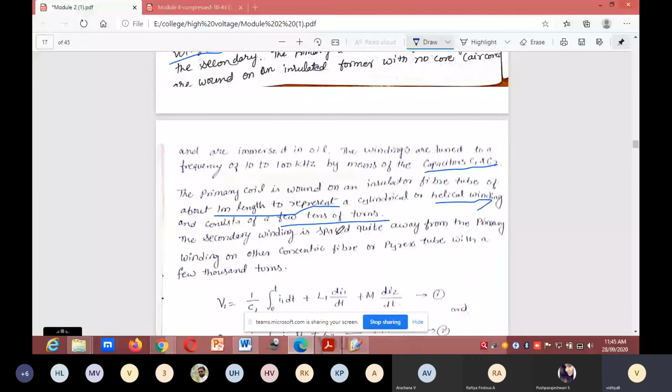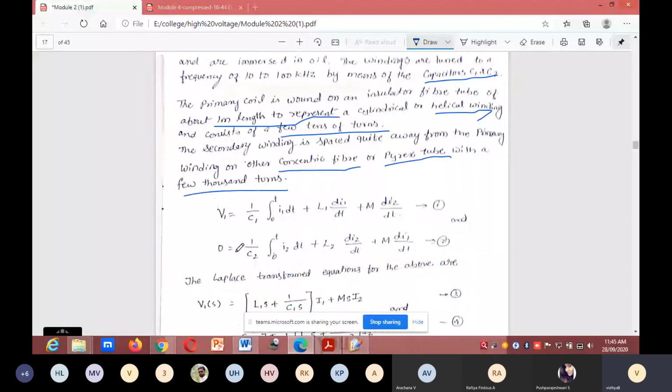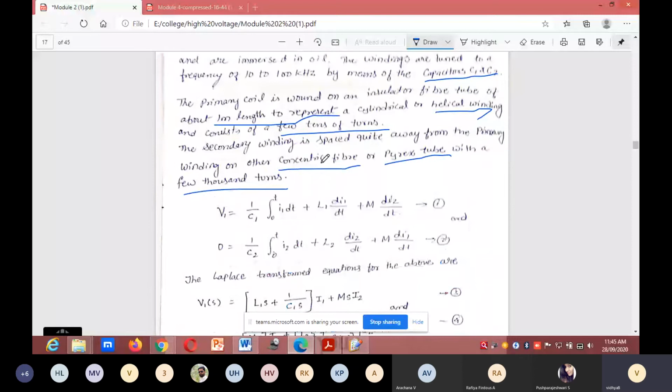The secondary winding is placed quite away from the primary winding on another concentric fiber or Pyrex tube with a few thousand turns.